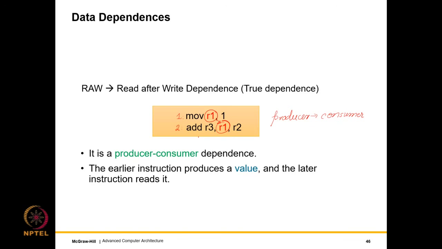In this producer consumer dependence, we found that the consumer always has to execute after the producer. So this order you need to maintain both in an in-order pipeline as well as in an out-of-order pipeline. Hence this is called a true dependence because there is no escaping. The producer executes first and the consumer executes next.